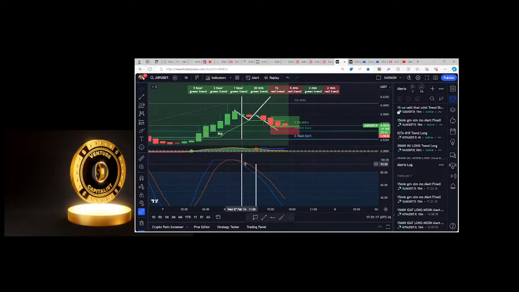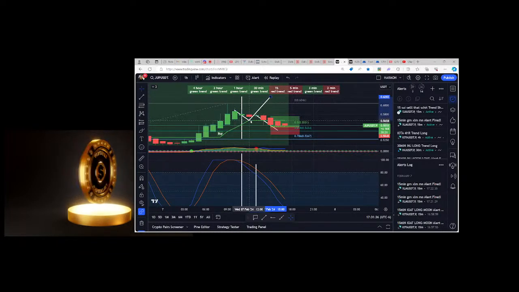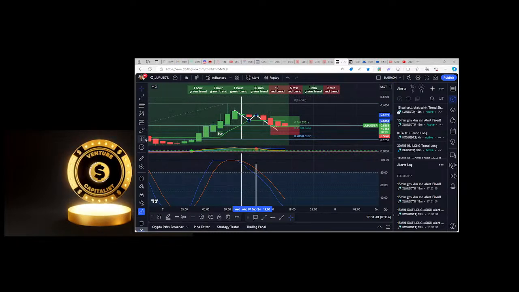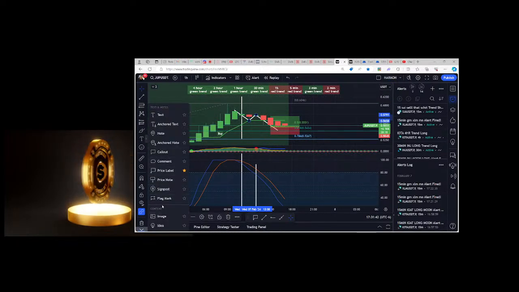So that means the little moves, the 3, the 5, the 15, can bounce 3 to 4 times inside of a 1 hour move down, but it doesn't mean they're going to be that strong. So once this 1 hour starts its move down, my instinct is to find a pullback, a bounce, and then an entry into a short.